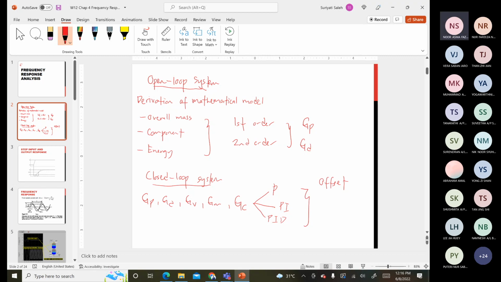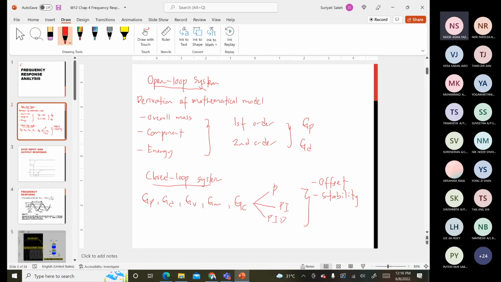So in order to make sure the closed loop system is effective and reliable, then we can supplement it with the stability analysis to see, do you get the smooth response or do you get the oscillatory response?